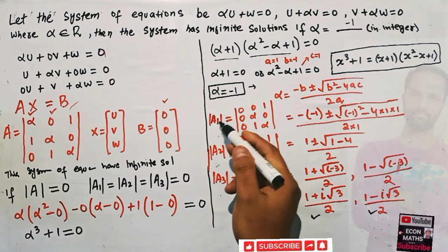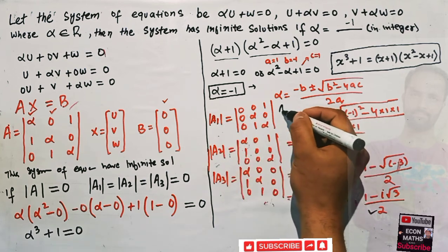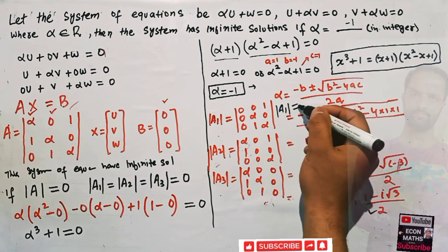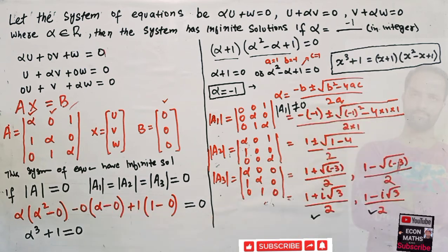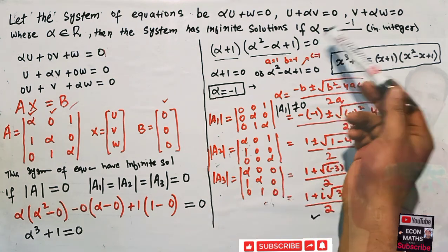Let us say if the determinant of this A1 came out to be a non-zero number, then we could say the system of equations would have no solution. When the determinant of the coefficient matrix is 0 and the determinant of the special matrices is also 0, then we say the system of equations has infinite solutions. So the value of alpha is minus 1.